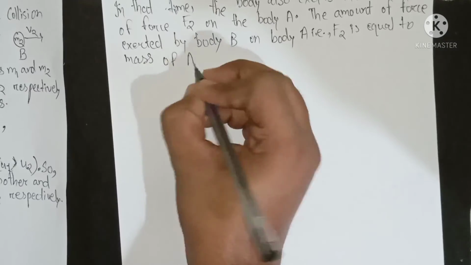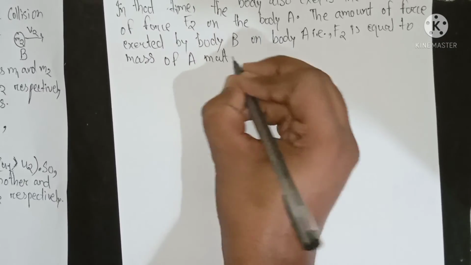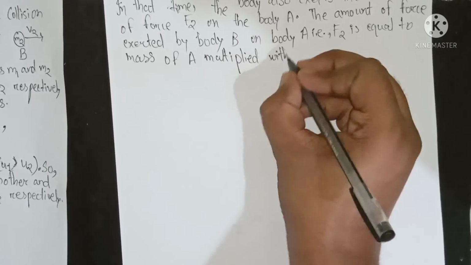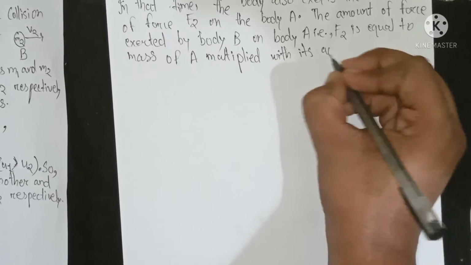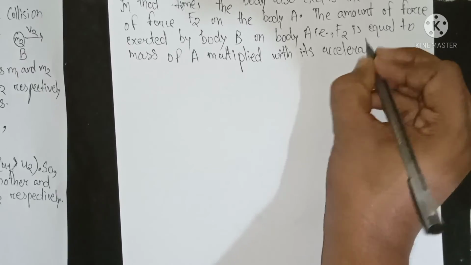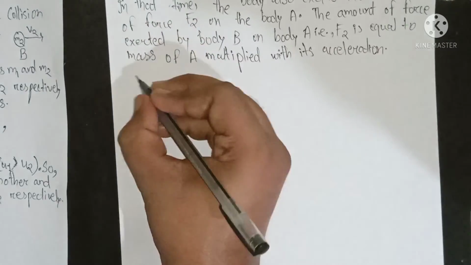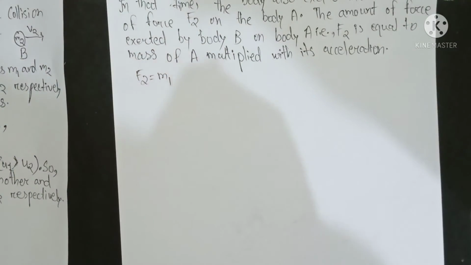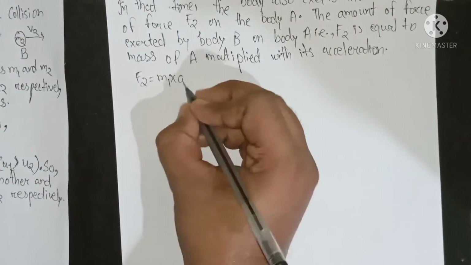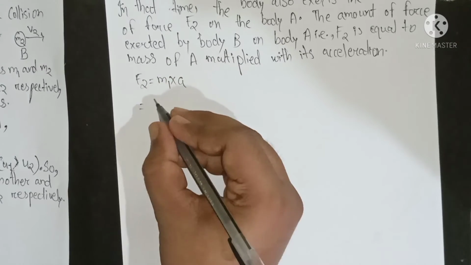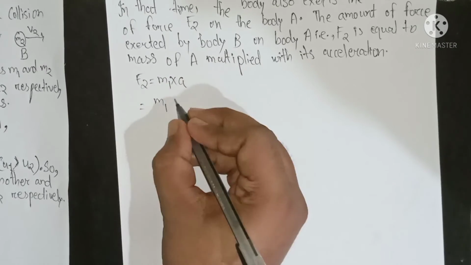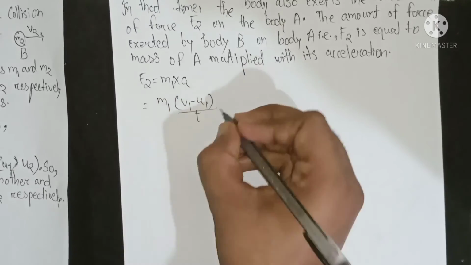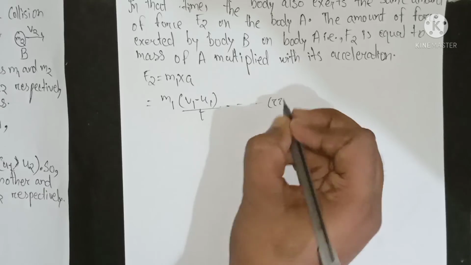Mass of A multiplied with its acceleration, which is F2 is equal to m1, that is mass of body A, multiplied with its acceleration, is equal to m1 times (v1 minus u1) by t, and that will give equation II.